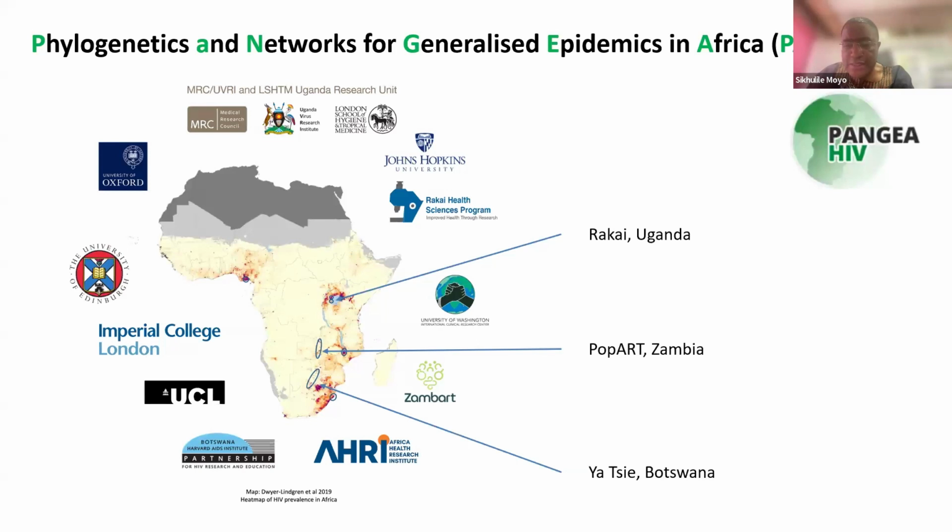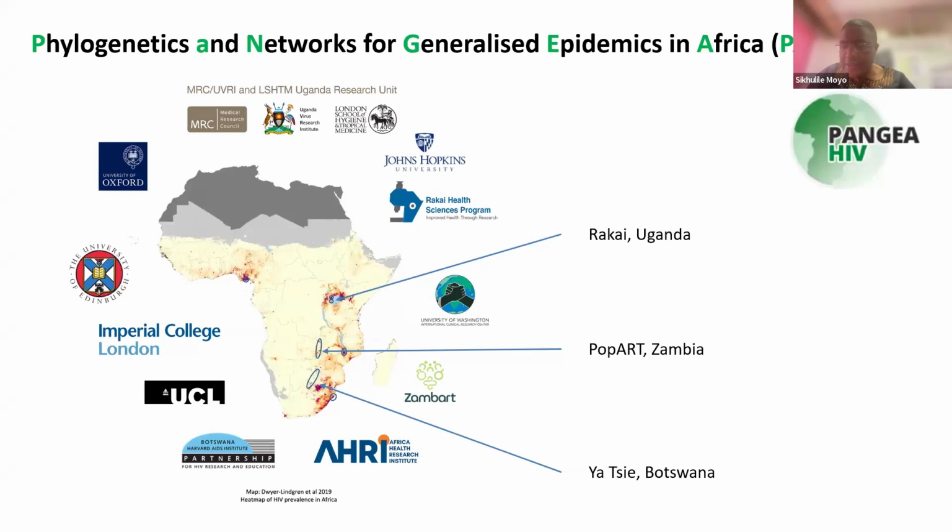We want to put the data in context within the changing profile of the epidemic. One of the central objectives of Pangea HIV has been to identify epidemiological drivers of transmission at a population level, looking at whether you have sinks, sources or amplifiers of transmission.